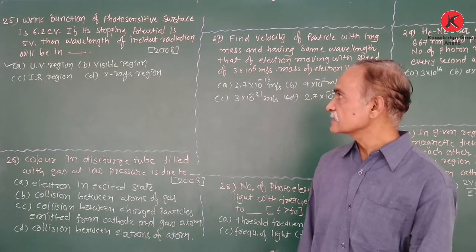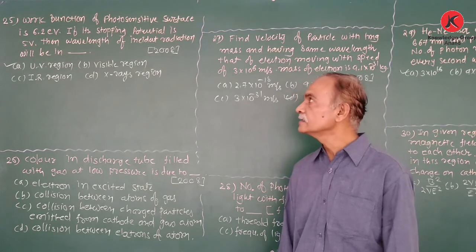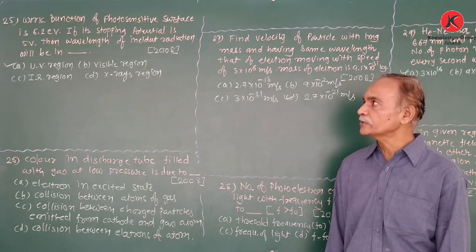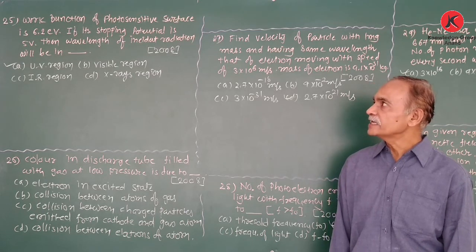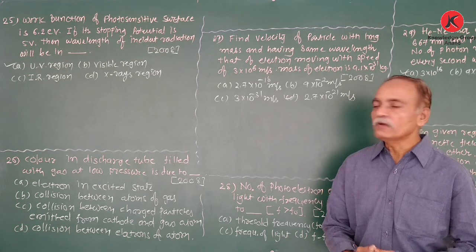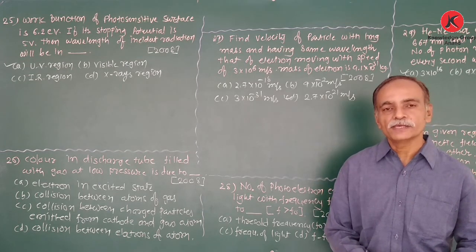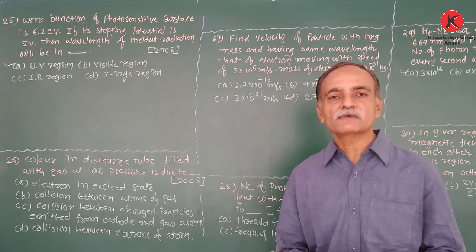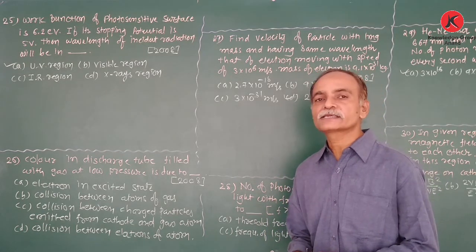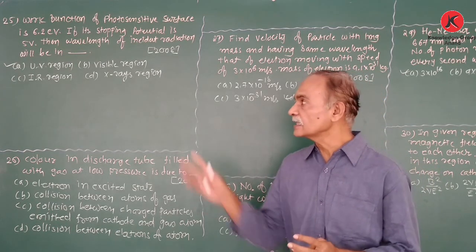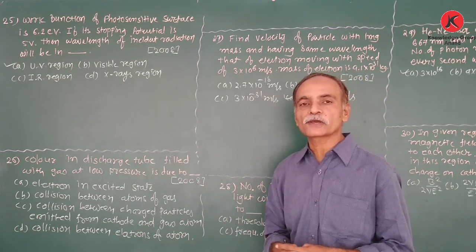Now friends, the next question asked in 2008. The work function of a photosensitive surface is given as 6.2 electron volt. If its stopping potential is 5 volt, then the wavelength of incident radiation will be. We have to find out the wavelength, and according to this wavelength, of which region of electromagnetic waves the light is incident to produce photoelectrons.